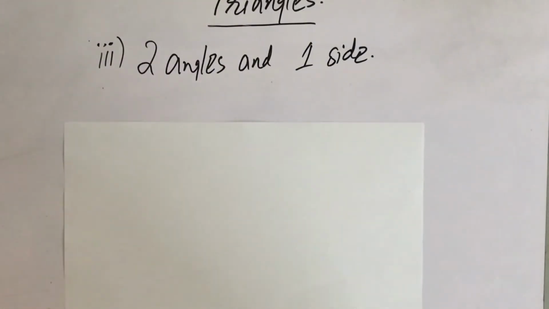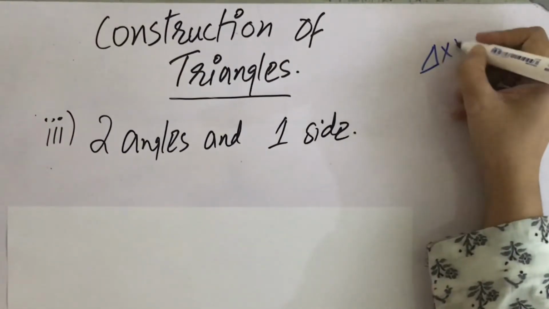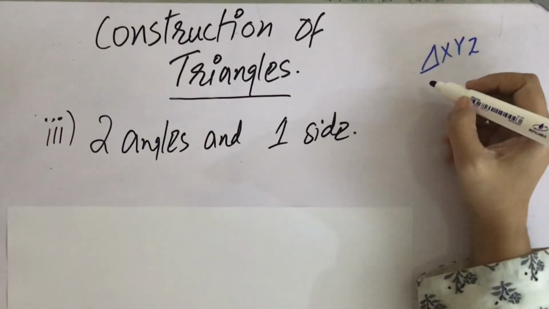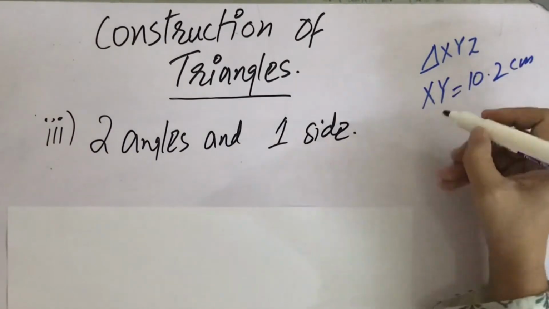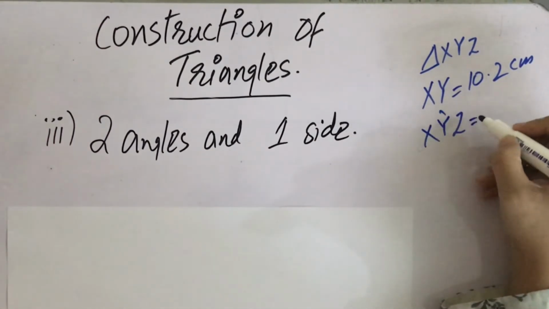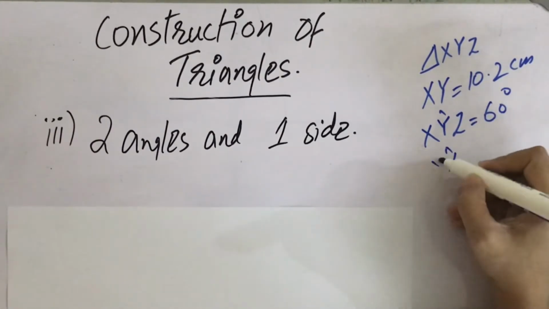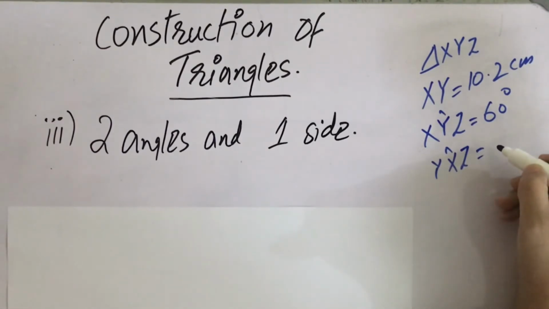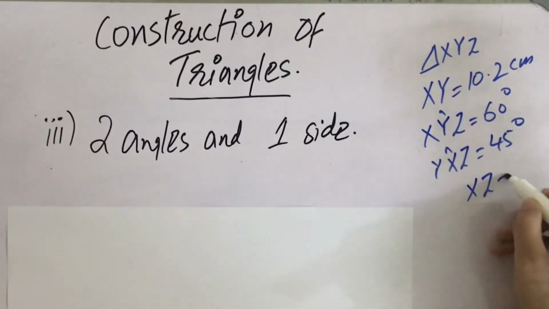The third type of triangle is when we are given two angles and one side. Triangle XYZ. The side given is XY, 10.2 centimeter. Angle Y with XZ is 60 degree. Angle X along with this YZ is 45 degree, and we have to measure the length of the side XZ.